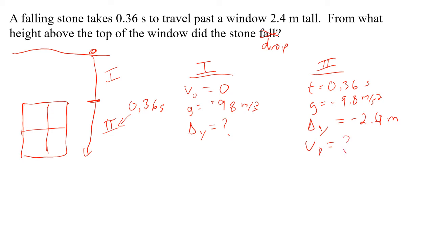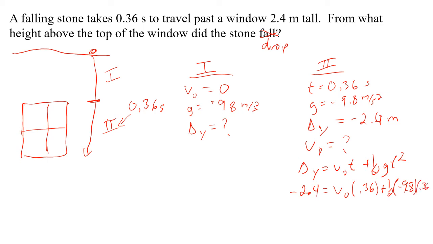So we'll find VO there, and we're going to use delta y equals VOT plus 1/2 GT squared. So delta y, negative 2.4, equals VO times 0.36 plus 1/2 negative 9.8 times 0.36 squared.